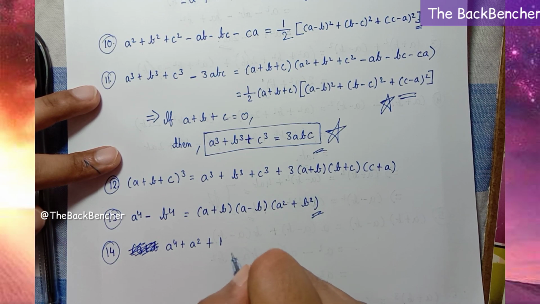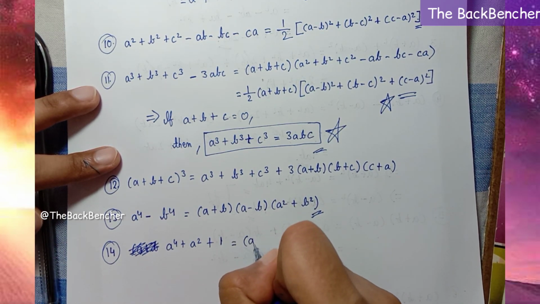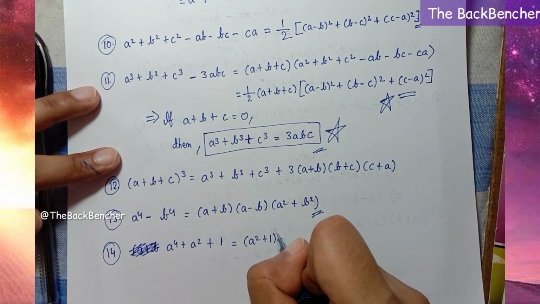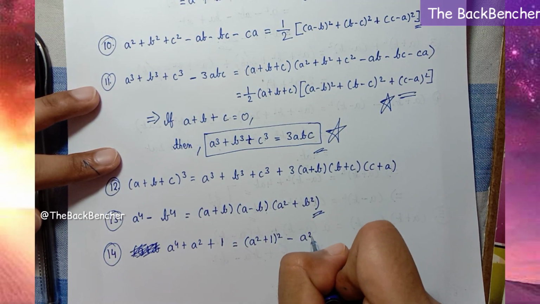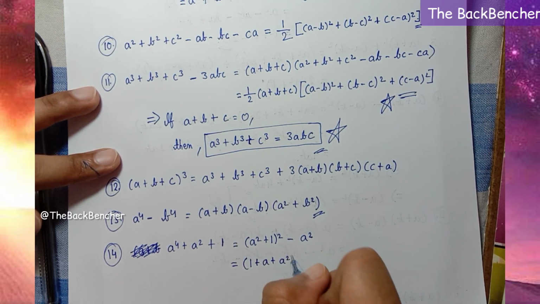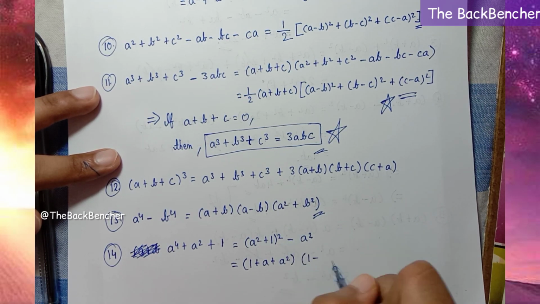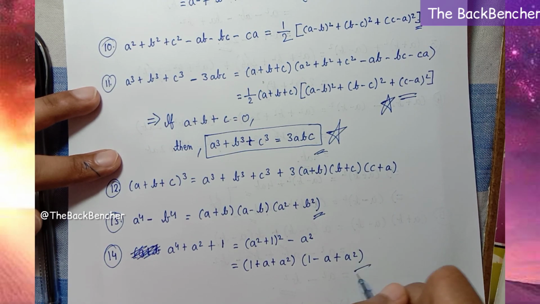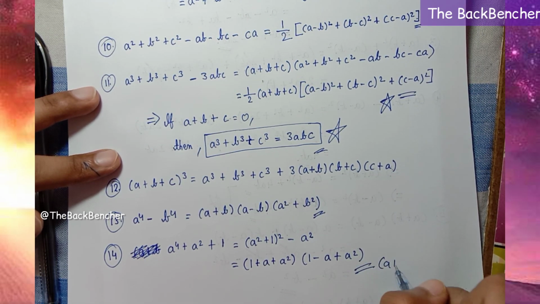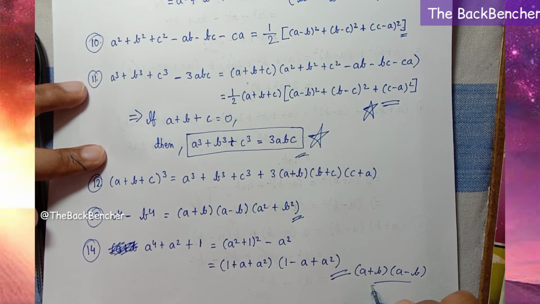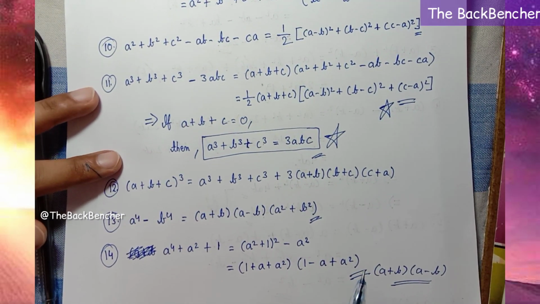We will break it into a square plus 1 whole square minus a square, using the previous identity a plus b into a minus b is equal to a square minus b square. We will break it using this identity, that is 1 plus a square, 1 minus a plus a square. You can see the identity a plus b, a minus b in the previous equations.